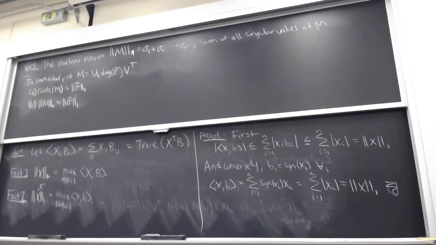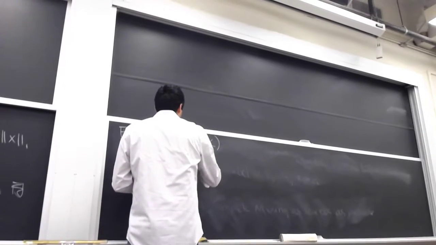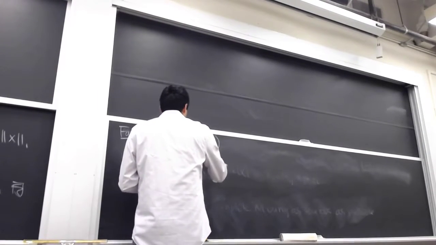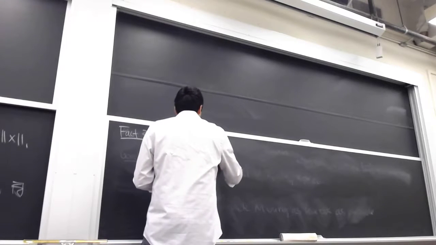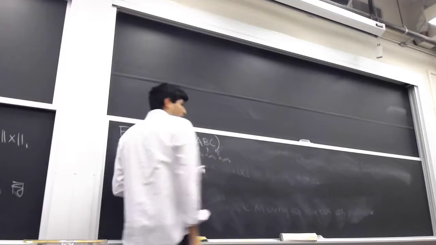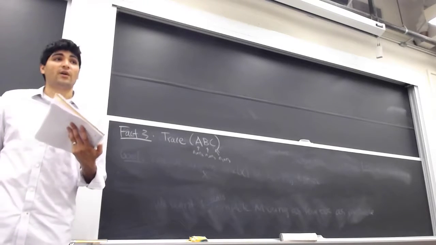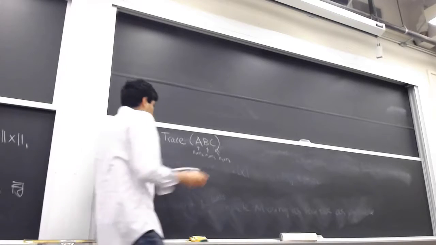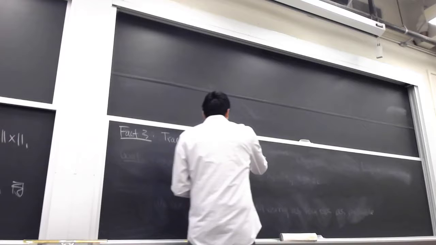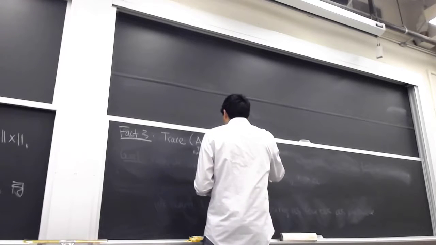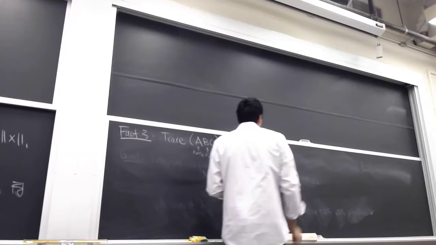If we take the trace of A times B times C, and these are all the right dimensions, so this is n1 by n2, this is n2 by n3, and this is n3 by n1, because trace only makes sense on a square matrix, looking at the entries along the diagonal. Then it's a basic fact, and it's very easy to check, that this is also equal to trace of BCA.